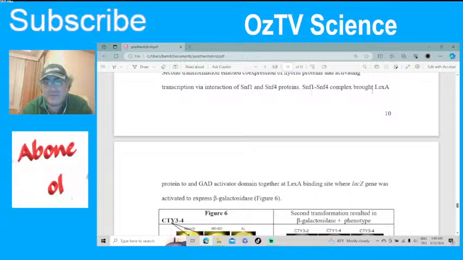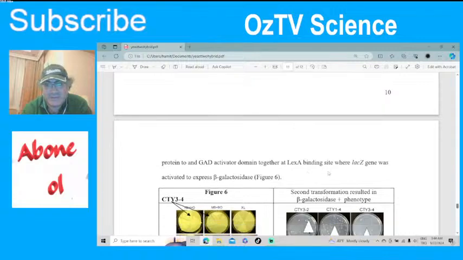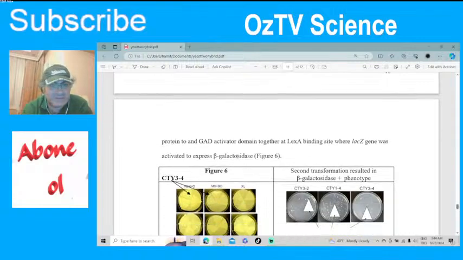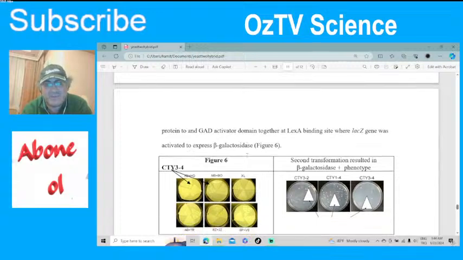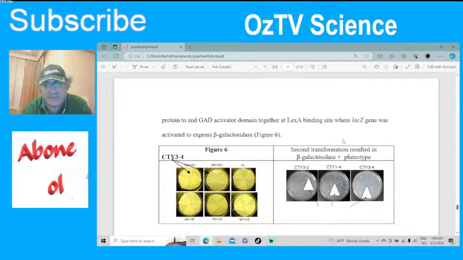The CNF1 CNF4 complex brought LexA protein and GAD activators together to the LexA gene operation site, and then the gene was activated and expressed beta-galactosidase, which acted on the substrate X-gal, and it broke it down, and the X material was released, and that is blue, and that's how you understand.